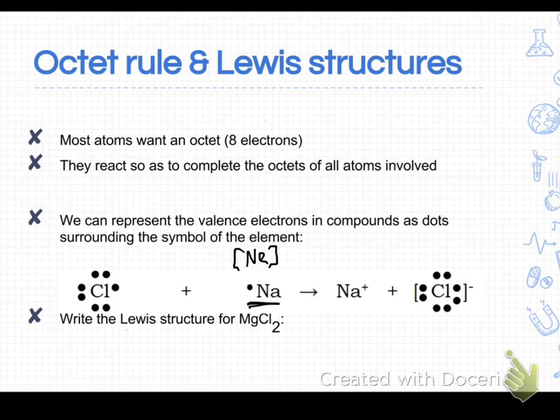So from neon, we go forward now to sodium. And sodium's in the third period, and the s block, and it's the first place. So the electron configuration of sodium is [Ne]3s1.